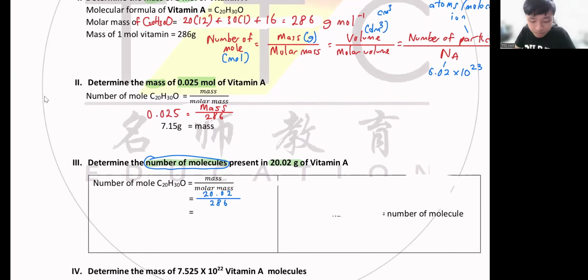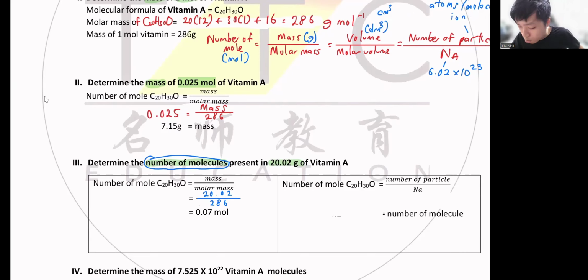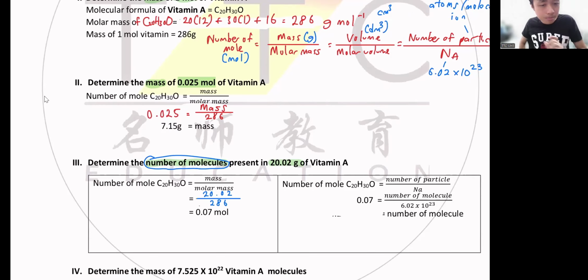I think you get 0.07 mole. Then you use this 0.07 mole to find the number of molecules: number of particles over Avogadro constant. Number of moles 0.07, the fixed number is 6.02 times 10 to the power of 23. Answer.